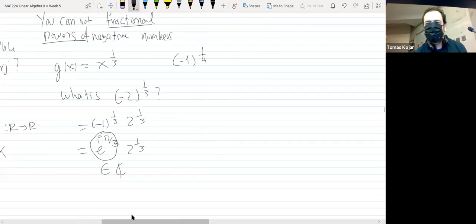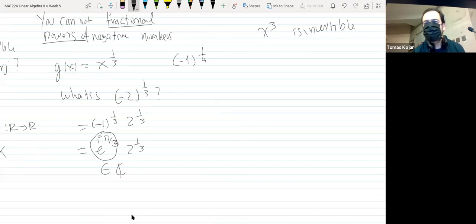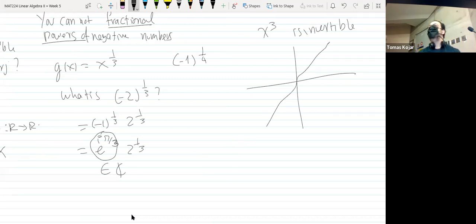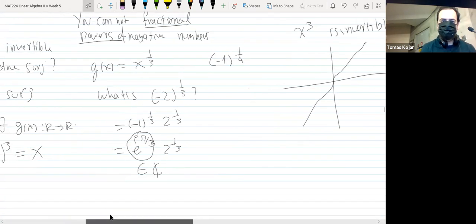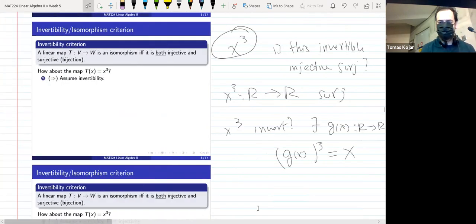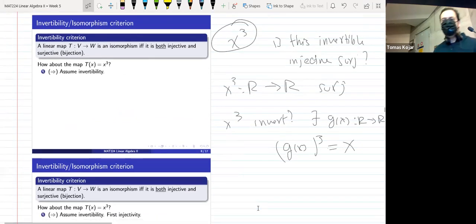But x cubed in a way is invertible because it's strictly increasing. I shouldn't go too deep into this. I will find you some other example later.